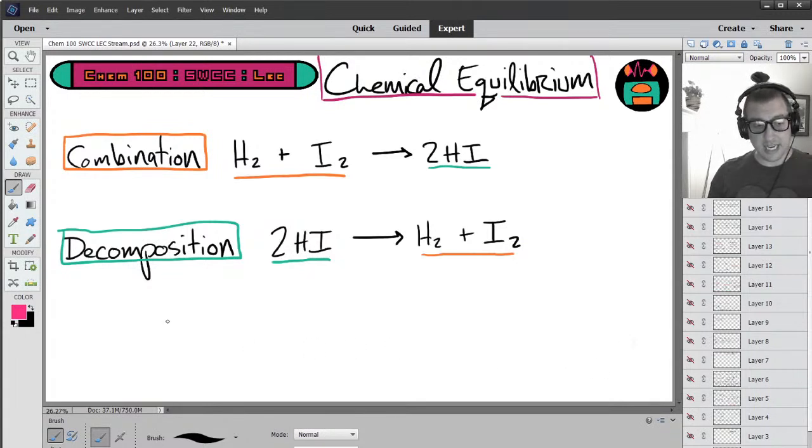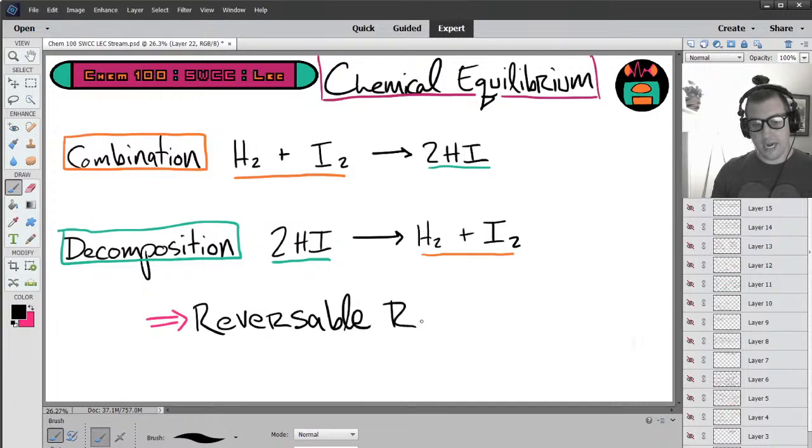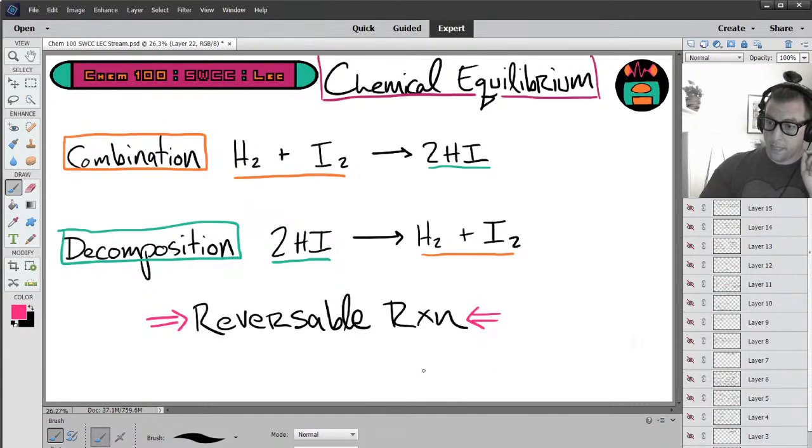This is an example of something called a reversible reaction. It's one in which both are operative, both are happening simultaneously.